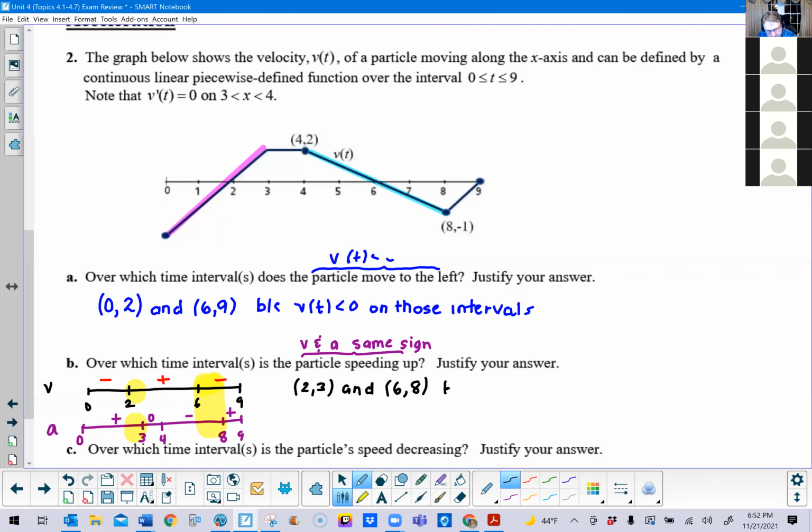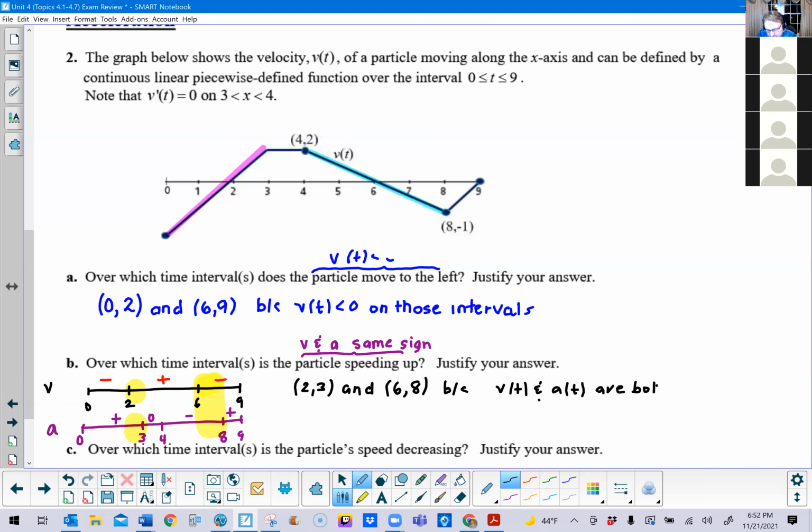And the reason is because, and I would do this to be very, very specific, let's say V of t and A of t are both positive.